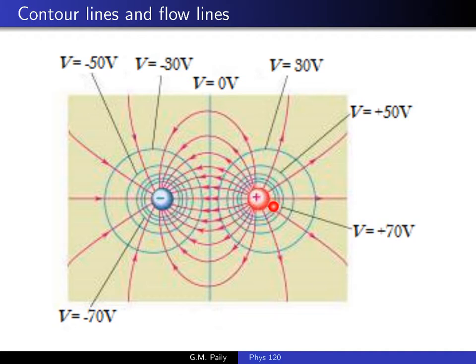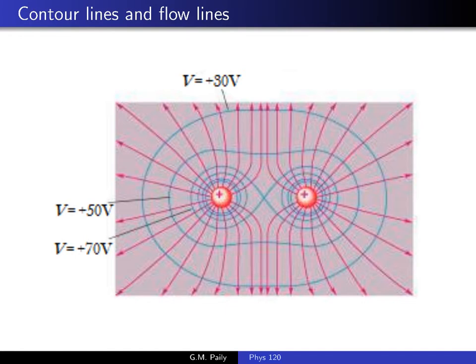And again, we notice that the flow lines or the field lines always go perpendicular to the equipotentials, and that the field lines flow from higher potentials, positive potentials, to 0 to negative potentials.